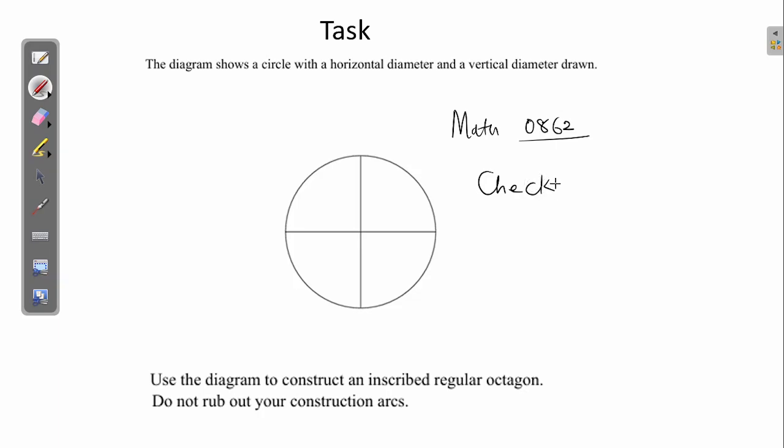Now these are all the keys you will be tested on in checkpoint. You have to know how to construct angle 30 degrees, angle 60, angle 45, and angle 90. And also you have to know how to inscribe those polygons: a square, a regular octagon, a regular hexagon, and an equilateral triangle. These are all what you need for checkpoint.